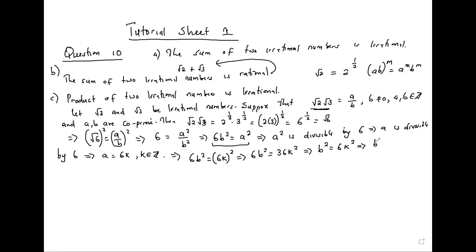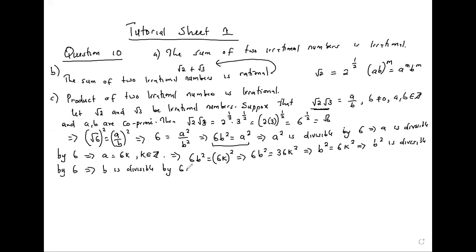This implies that b squared is divisible by 6, which in turn implies that b is divisible by 6.